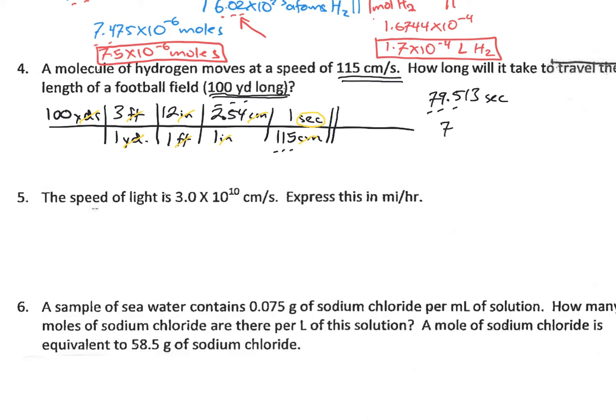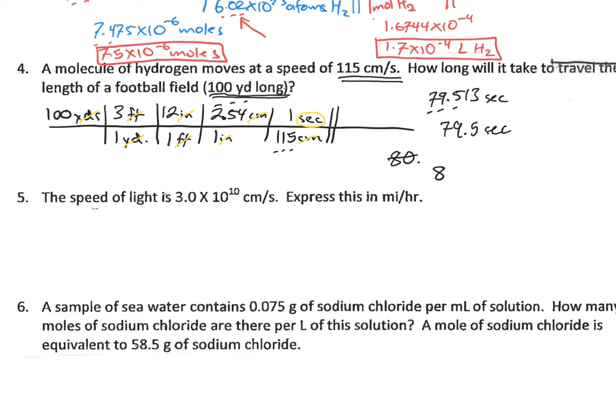So I would take 79.5 seconds. 100 yards seems like a counting number, but perhaps you did go 1 sig fig. Well, if you did that, then your answer would have to be 80. But if you put a decimal, then that's too many sig figs.